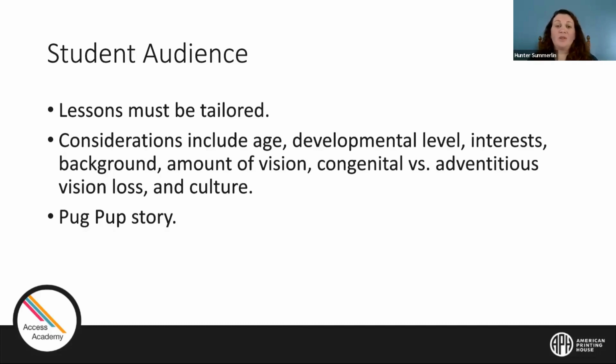Sometimes both of those levels are perfectly in alignment. But developmental levels should certainly be a consideration when we're planning Braille literacy activities and instruction for our learners. Student interests are a vital consideration. You get a lot further if students are reading about things that they enjoy reading about.